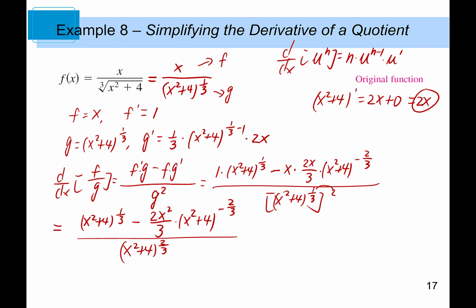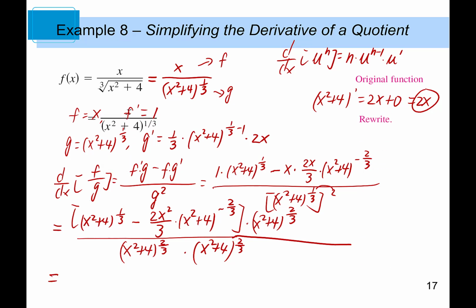Okay. Now it's not done yet, so we have to get rid of the negative exponents here. What we can do is multiply both top and bottom by (x squared plus 4) to the 2/3. After you multiply, the first term, (x squared plus 4) to the 1/3 times (x squared plus 4) to the 2/3 becomes (x squared plus 4) to the 3 over 3, which is 1.